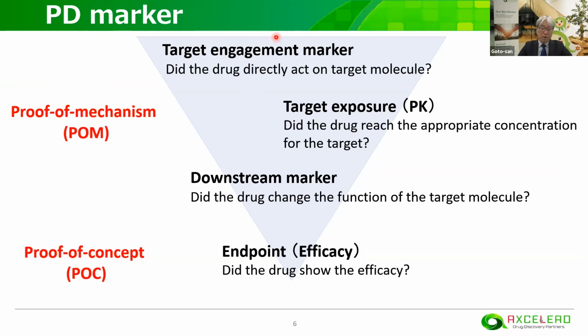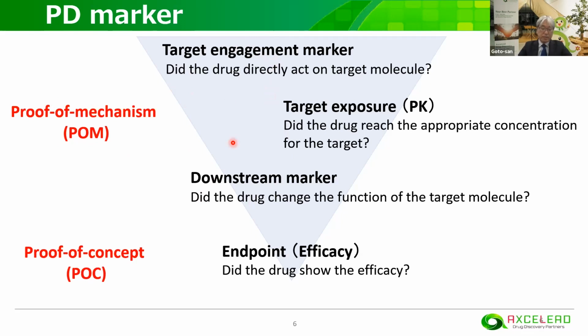And the downstream marker is an index for confirming whether the drug changed the function of the target molecule. POM can be confirmed by analyzing these markers with target exposure, that is the PK. In addition, after confirming this POM, we will confirm the POC for the first time by confirming whether the drug shows efficacy in the endpoint.